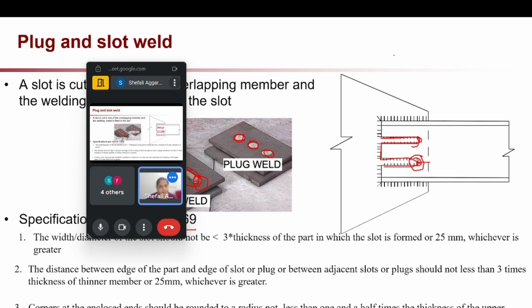So this radius should not be less than 1.5 times the thickness of this plate. Like so, this is the thickness. Or 12 mm. Okay. Yes, got it.